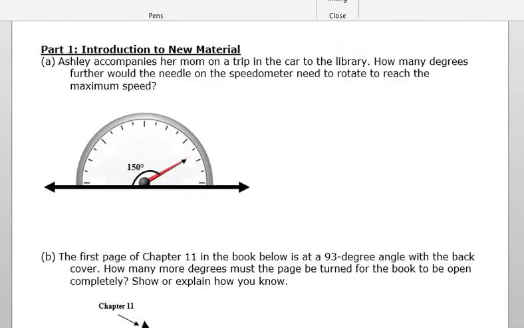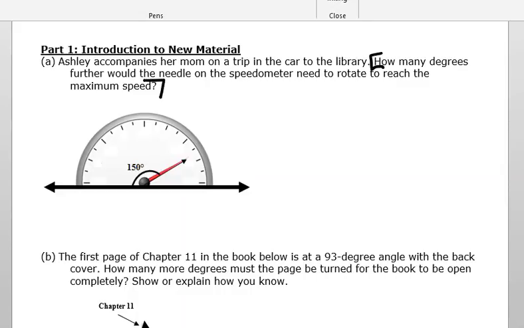Let's go down to our intro to new material. So Ashley accompanies her mom on a trip in the car to the library. How many degrees further would the needle on the speedometer need to rotate to reach the maximum speed?